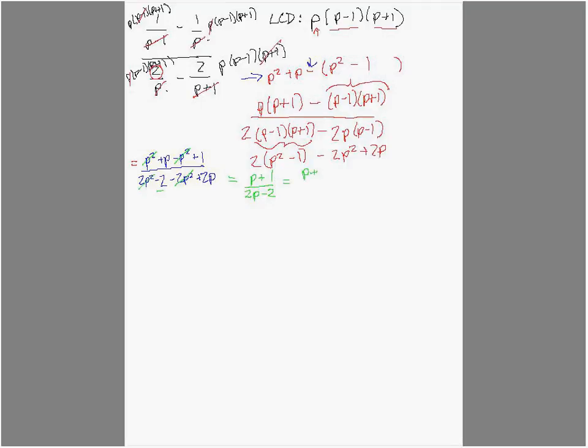We can factor out a 2 on the bottom, and that'll be 2 times p minus 1. Okay, that's an answer. If it is, option D is p plus 1 over 2 times p minus 1.